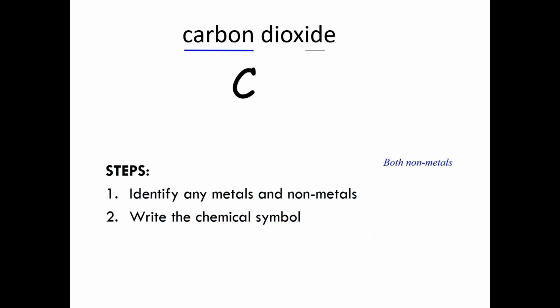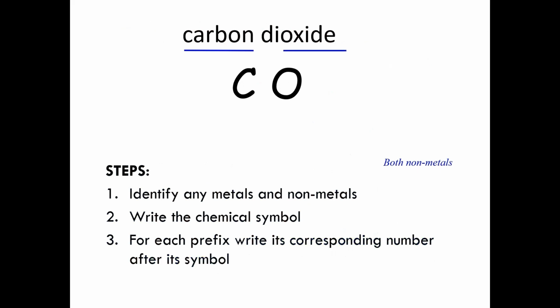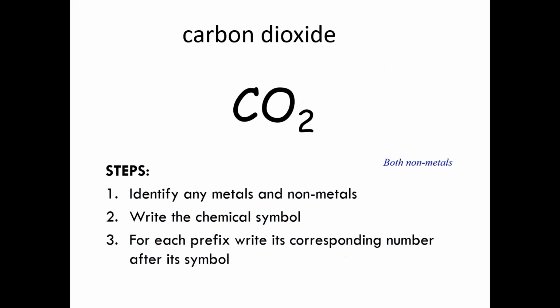So we have carbon, which is C, and oxygen, which is O. And the third step, for each prefix, write its corresponding number after its symbol. And so because I have a di in front of oxide, I know I have 2 oxygen. And so this compound is CO2, carbon dioxide.